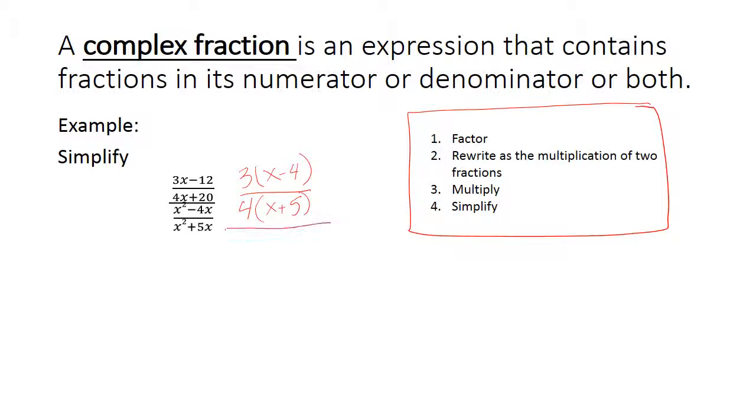Now that's over the second fraction. I can pull out an x, so I have x over x minus 4 over x times x plus 5. Okay, so notice that everything is factored out.